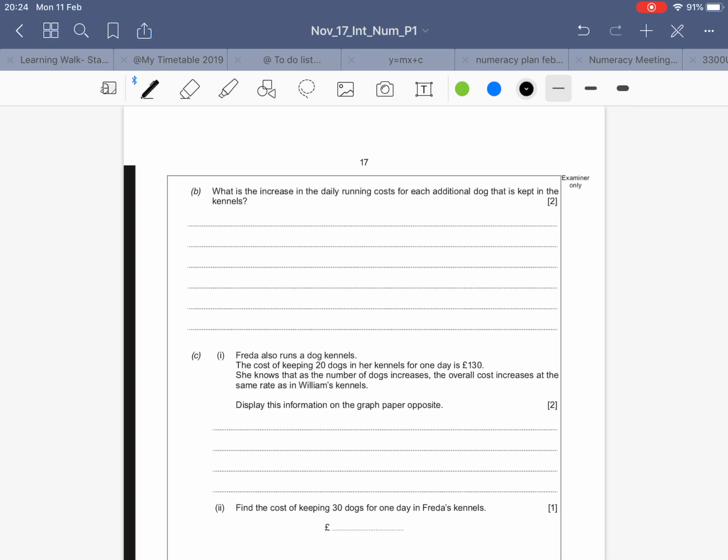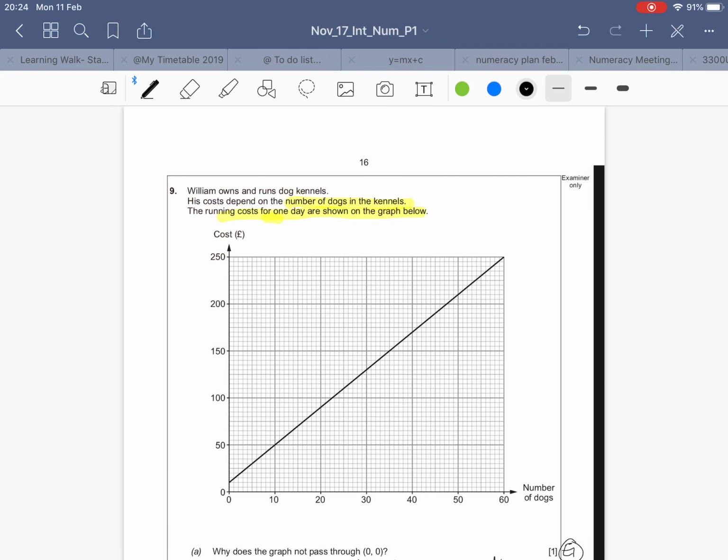Part B, what is the increase in the daily running costs for each extra dog? So we need to know the gradient, the steepness of the line, to know how much increase we have in the cost. This will be the cost dependent on the number of dogs.